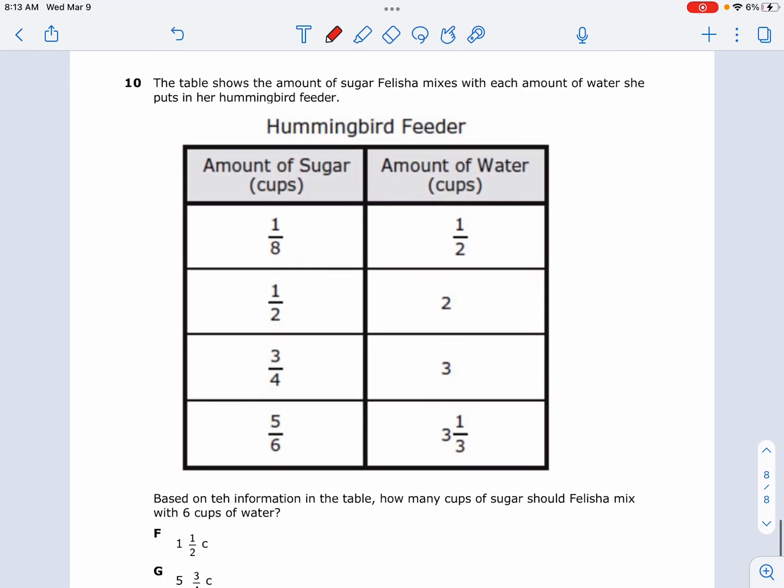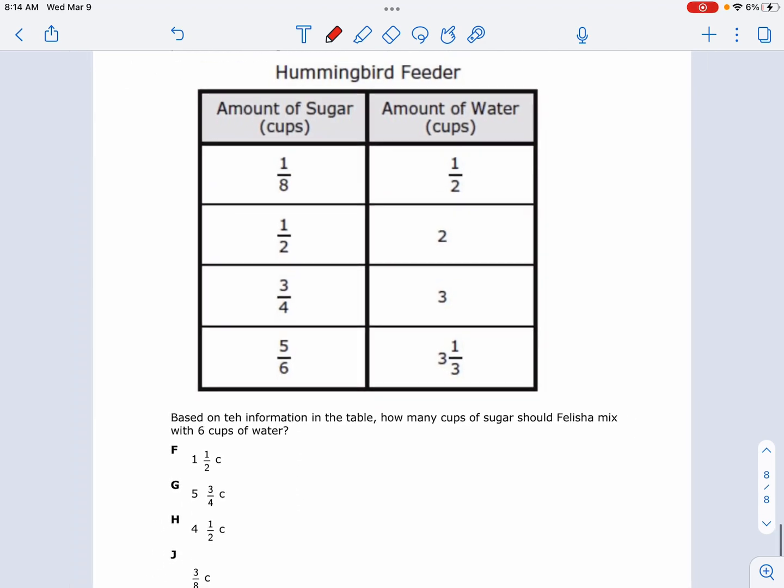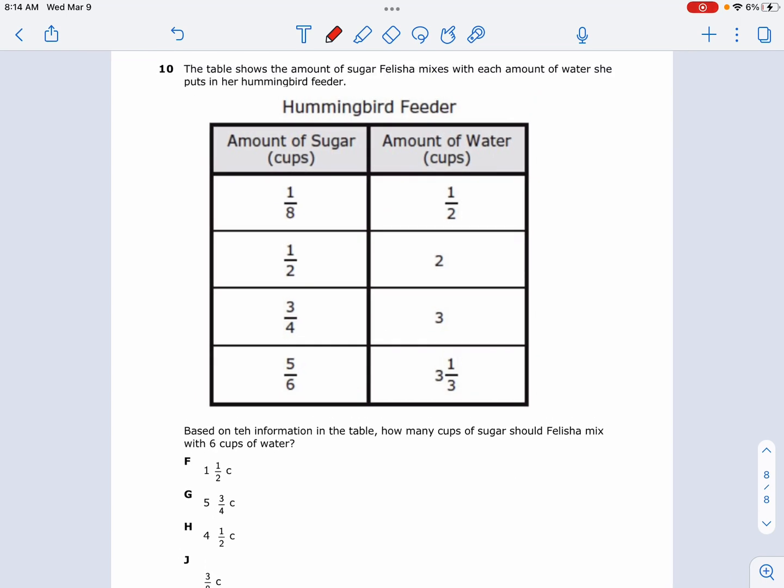Okay, last one, number 10. Alright, the table shows the amount of sugar Felicia mixes with each amount of water she puts in her hummingbird feeder. Based on the information in the table, how many cups of sugar should Felicia mix with 6 cups of water? Okay, so we have cups of water. Now, looking at the table, we're looking for 6 cups of water. So that means that 6 needs to go with cups of water.